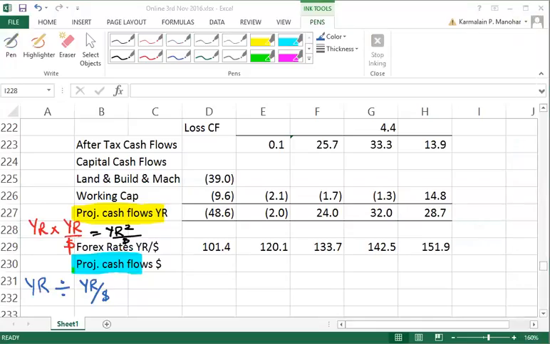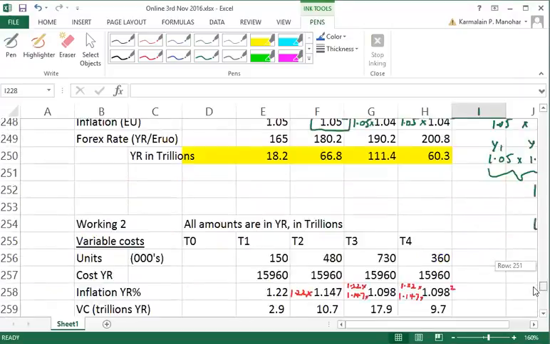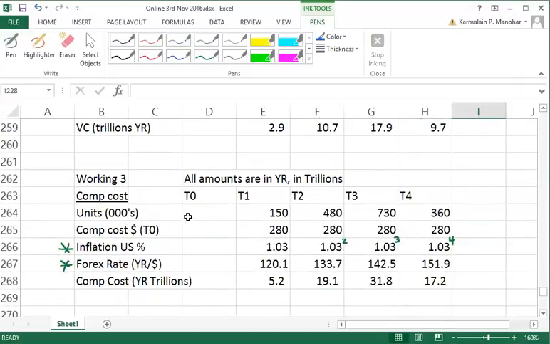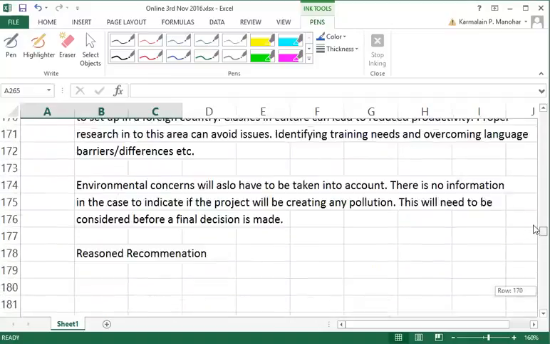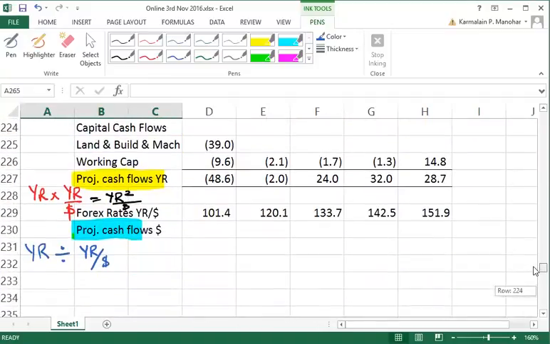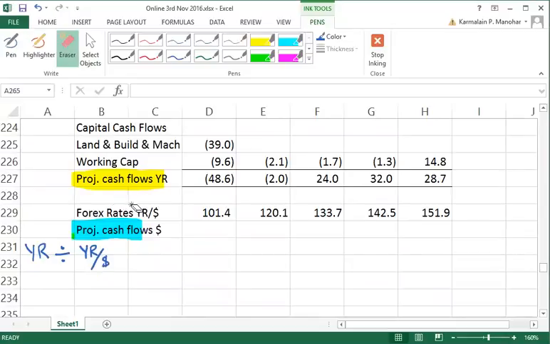We were converting, as we scroll down here, inflation in dollars into YR, and that's why we were multiplying to move from component cost in dollars into YR. Good. So in that case, we could have multiplied, but here we're not. Here we're converting YR into dollars. Okay. So make sure that we cannot multiply here. We have to now go and divide.